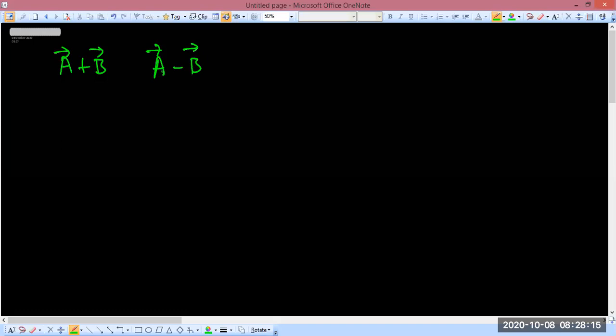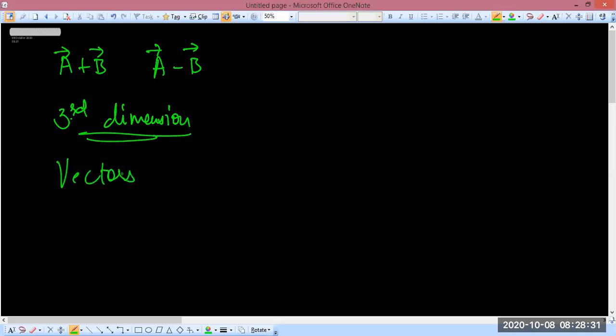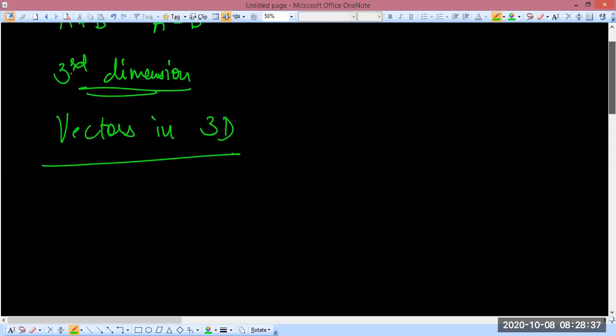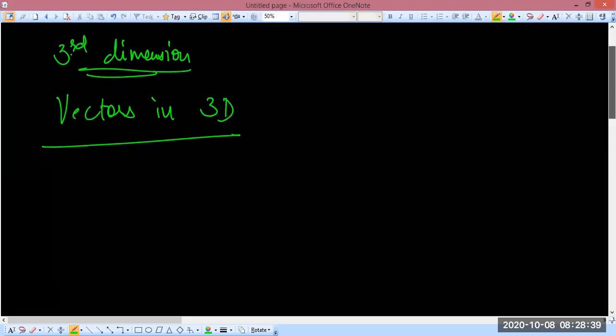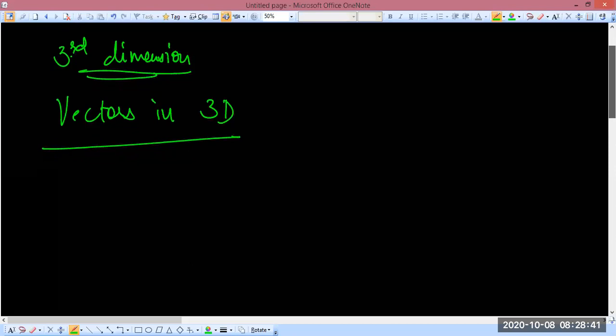Right now, people, it is time to introduce the third dimension. Okay, 3D. So now we are going to talk about vectors in 3D. Now I hope all of you are sitting in a cuboidal room. Okay, generally rooms are cuboidal.